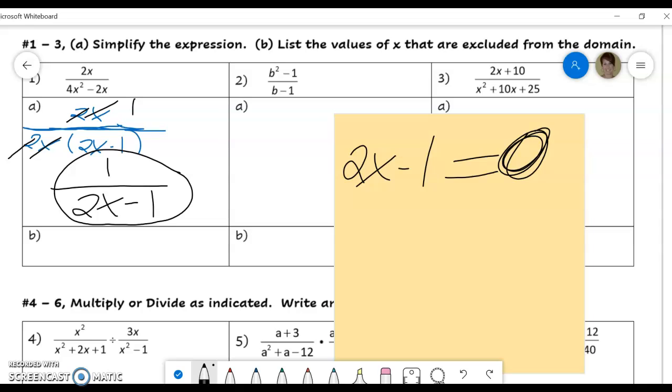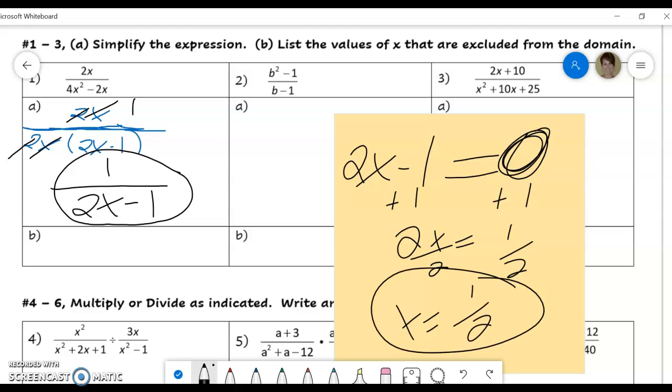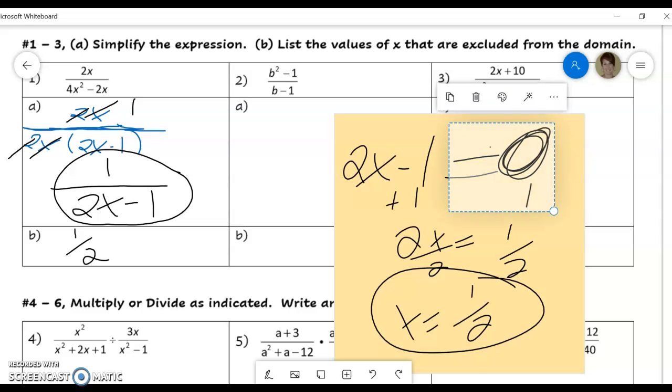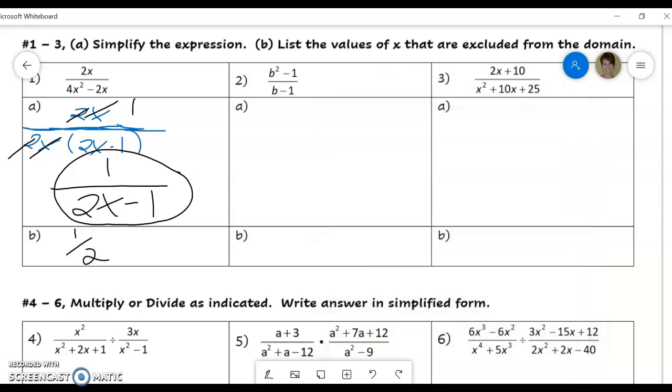So all I'm going to do is some pretty easy junior high algebra here, which is solve for x. And so you should have the values of x that are excluded. So 1/2 is the only value for x that we would not want to plug in for x, okay? So just to remind you where we're getting that from.